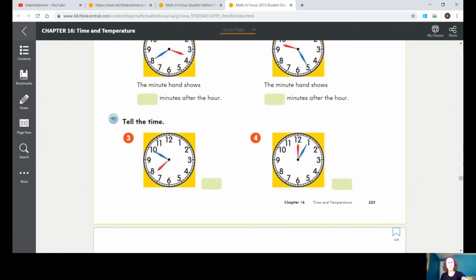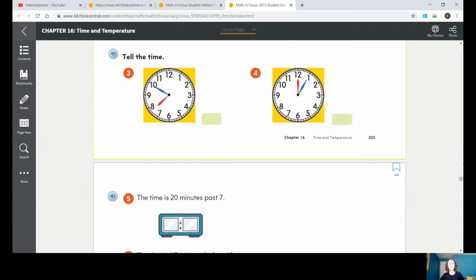Number 3, tell the time. Check to see first, remind yourself, which one's the hour hand? The hour hand is the smaller one. The minute hand is the longer one. So number 3, that's 7:50.